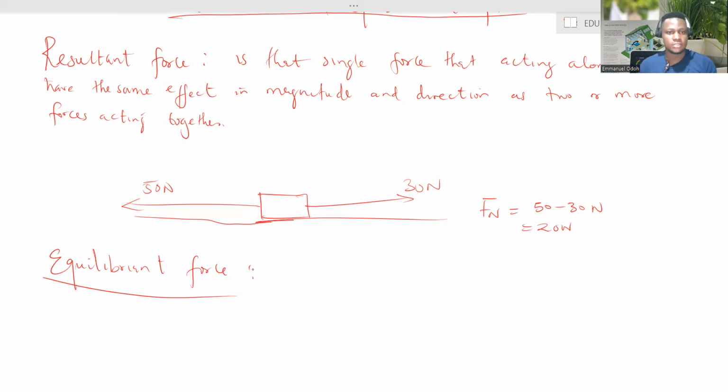From the word equilibrium, which means a state of balance, that single force that will balance every other force is called the equilibriant force.